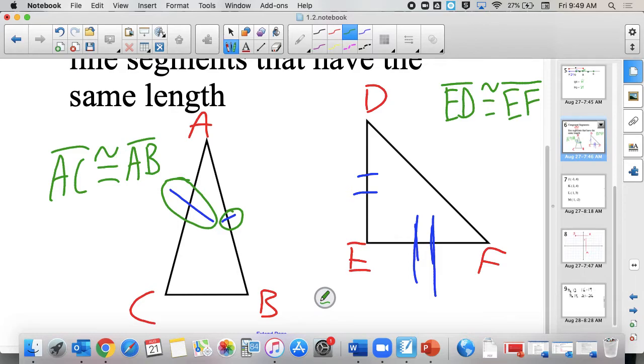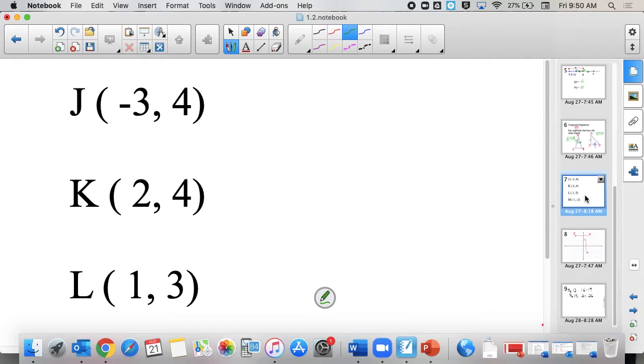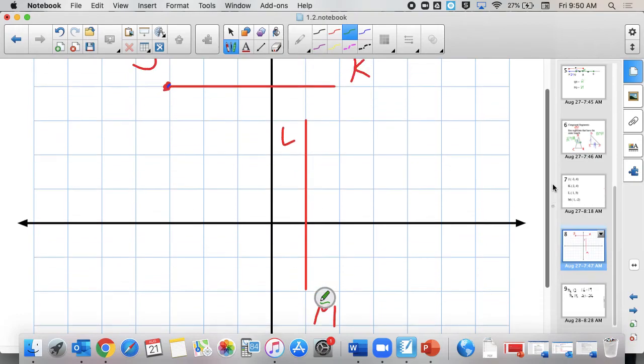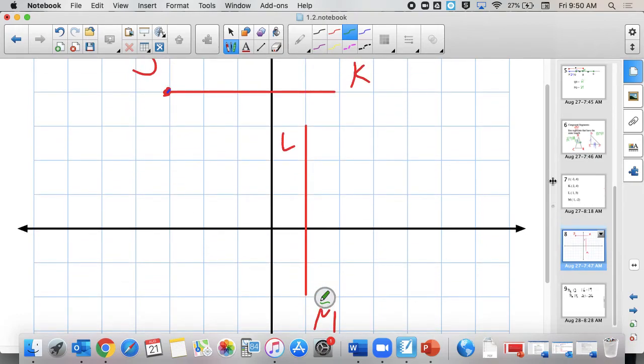Now, your last question here in 1.2 wanted you to take these 4 points and plot them on the graph paper that's there, and then tell whether those are congruent or not. So plot your points. We got JK is there, LM is there. In order to find the length of a horizontal or a vertical line, we can just count how long those pieces are.